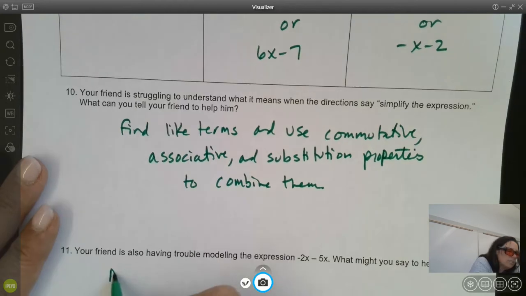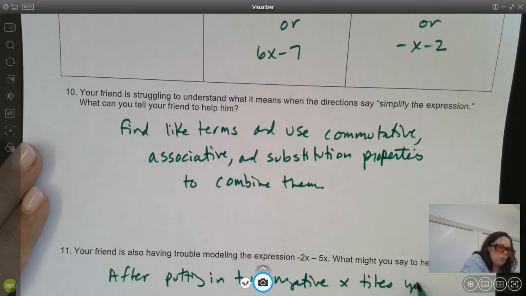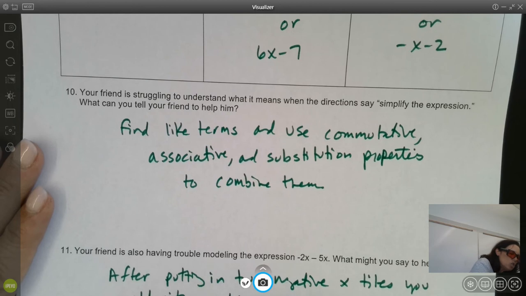Okay, so after putting in 2 negative x tiles, you could either add 3 zero pairs, or you could have changed the expression to negative 2x plus negative 5x and modeled it more efficiently.